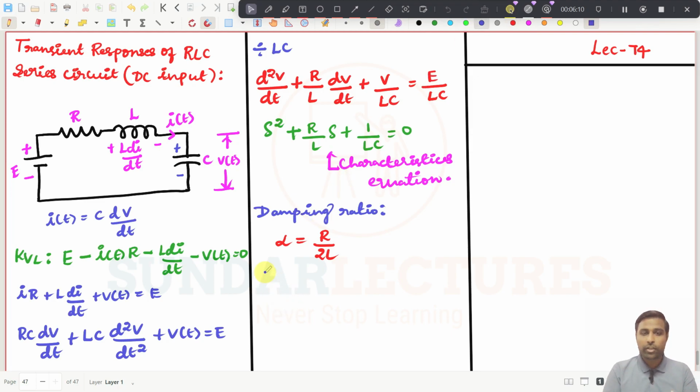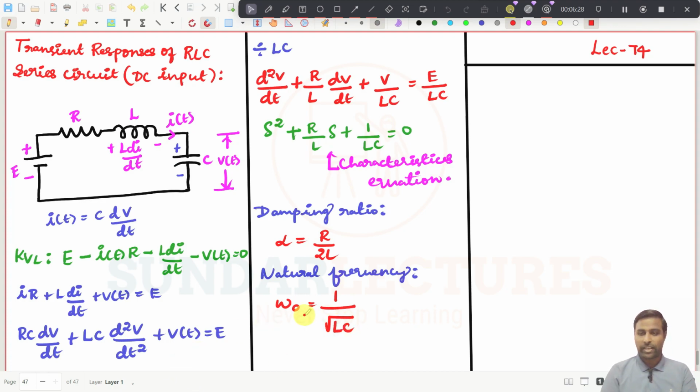Next, this is nothing but the natural frequency, and I am going to take that as omega naught, which is equal to 1 divided by root over LC.